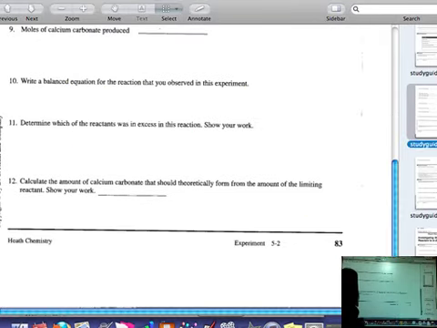Okay, so for question number 12 and 13, we've got to find 12 before we can find number 13. So for number 12, we're looking at the amount of calcium carbonate. So when they say amount, I always assume grams or a mass.